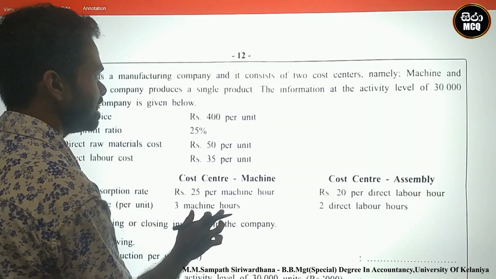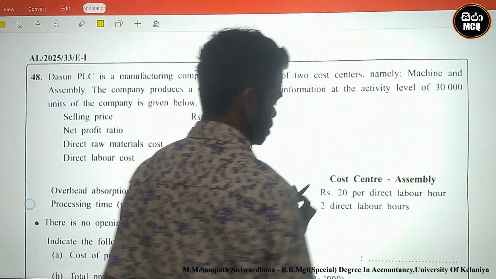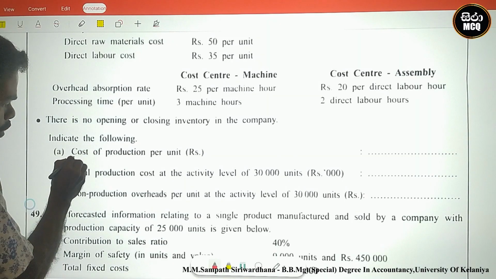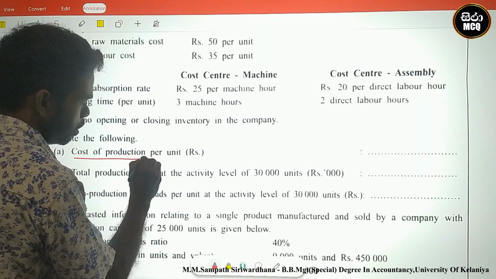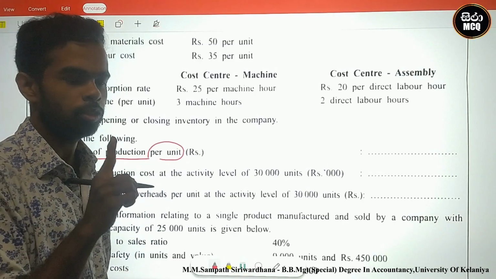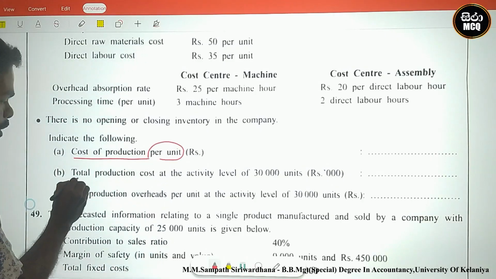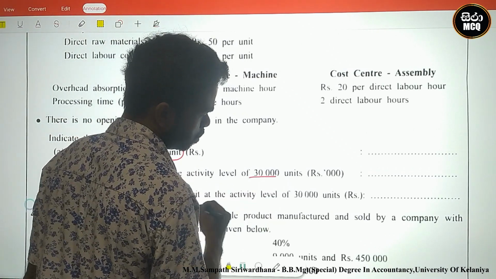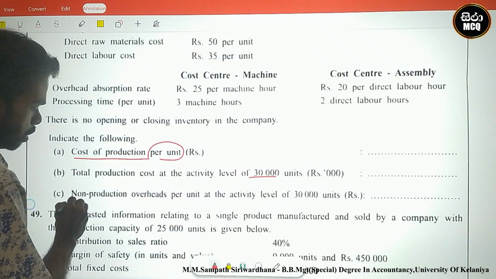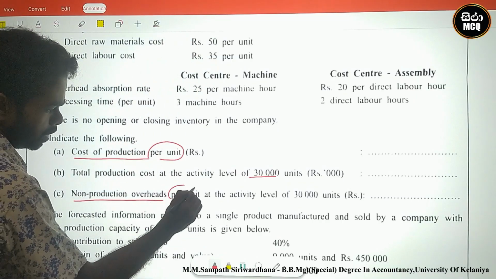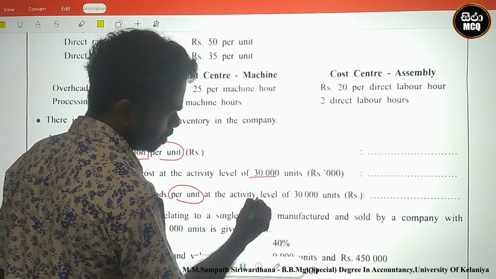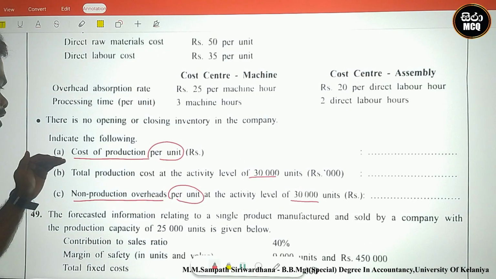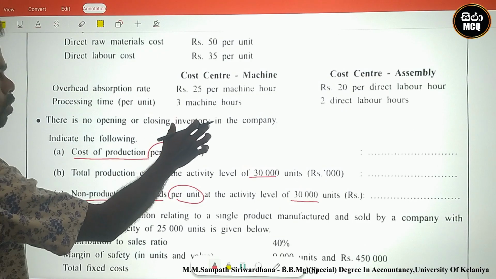Let's see what the requirements are. Indicate the following: the production cost per unit, the total production cost at an activity level of 30,000 units, and the non-production overhead per unit at the activity level of 30,000 units. Firstly, we identify the cost of production per unit. We must read this question.